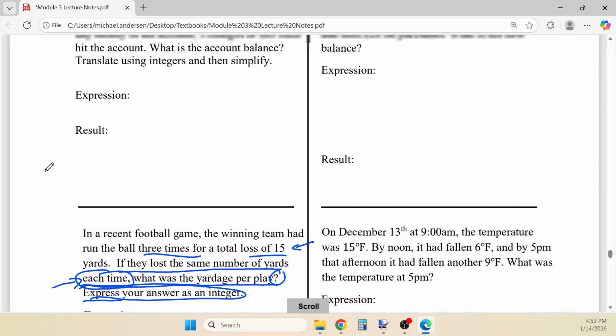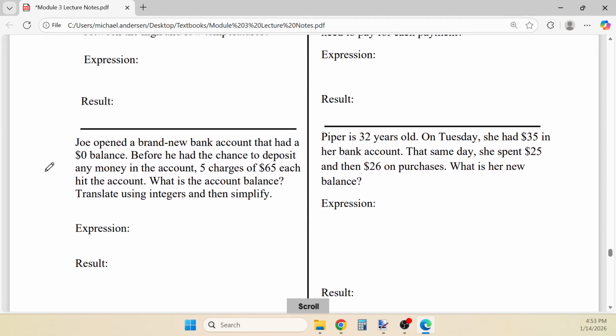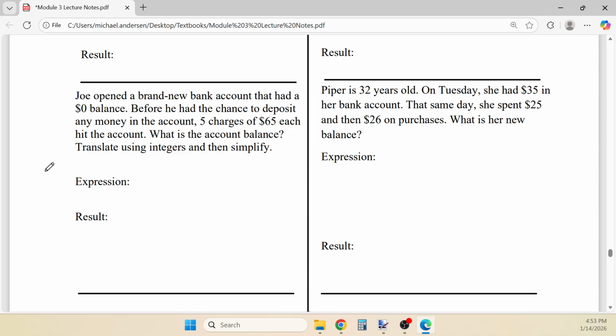Okay. Let's do another one. Let's do this bank account one. Joe opened a brand new bank account that had a $0 balance before he had a chance to deposit money. 5 charges of $65 each hit the account. Okay. So since they are charges, these are negatives. There are 5 charges of -65.